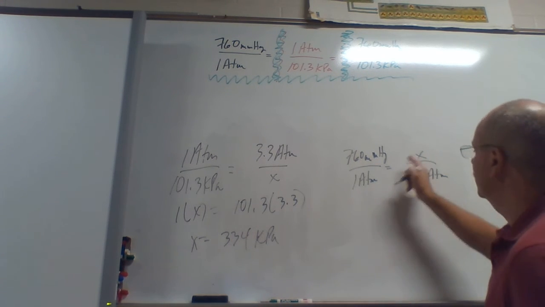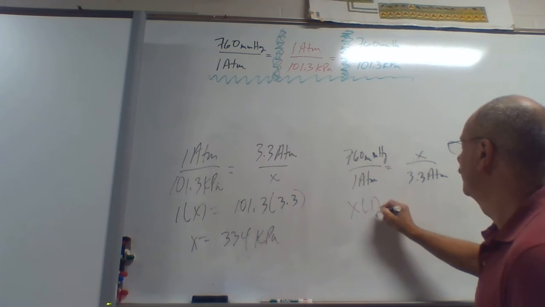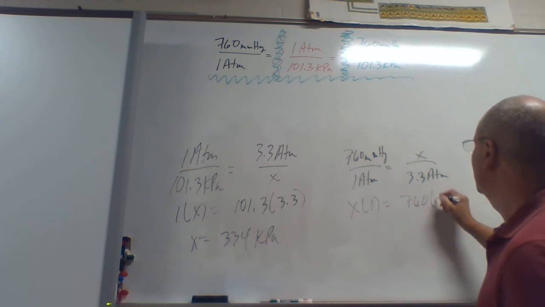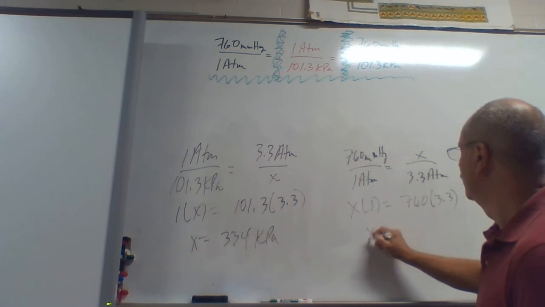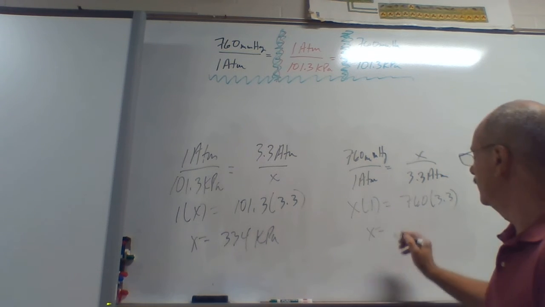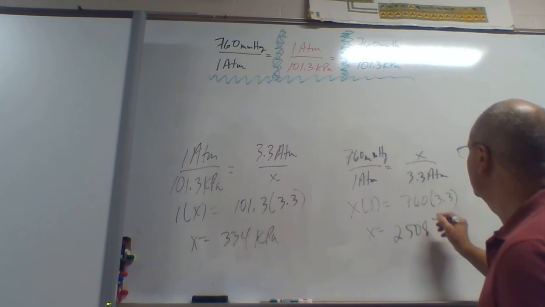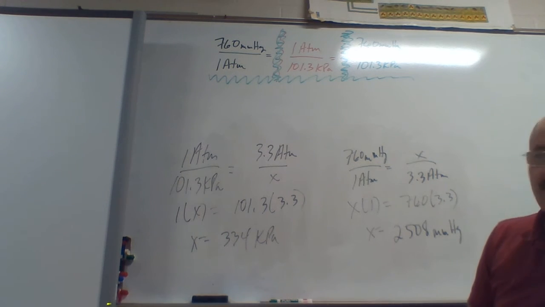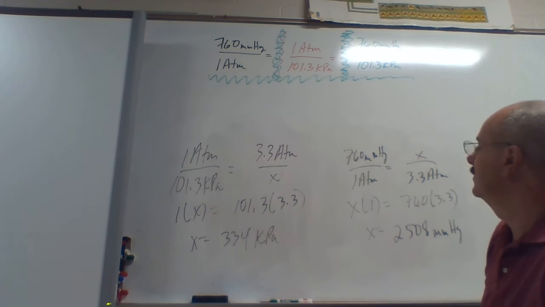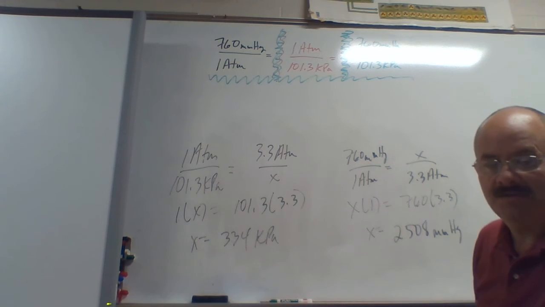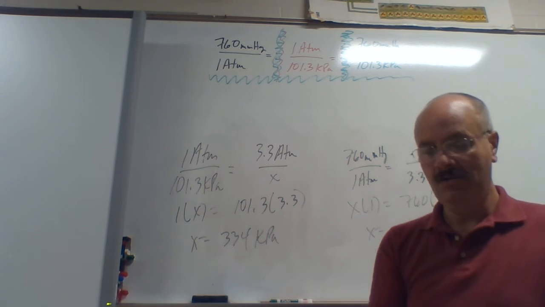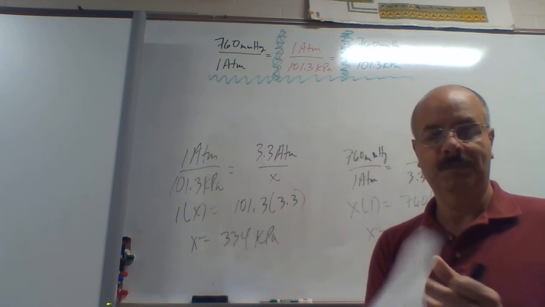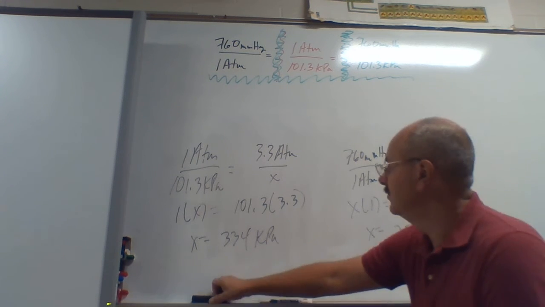So cross multiply, X times 1 equals 760 times 3.3. So X equals this big number of 2,508, and that was millimeters of mercury, which is the same as 334 kPa, which is the same as 3.3 atmospheres. They're all the same value. They're just different units, that's all. So go to the last one, letter D.